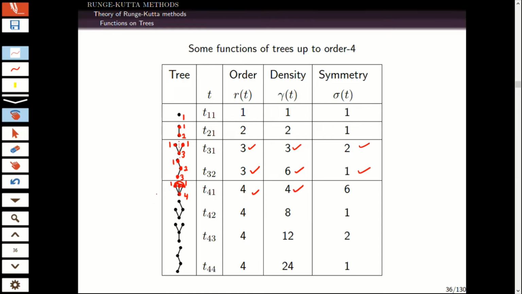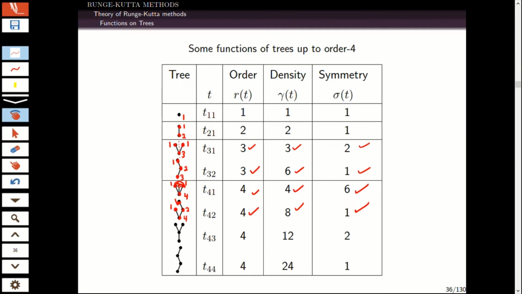There are 3 factorial ways to label it, so 3 factorial is 6. Now for this tree we have 1, 2, 3, 4. Order is 4. The density will be 4 times 2 times 1 times 1, which is 8. And there's only one way to label it.